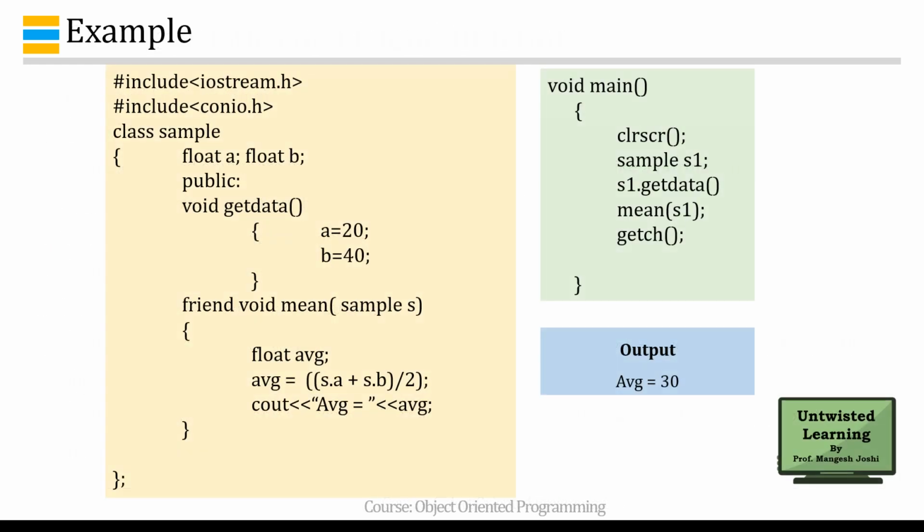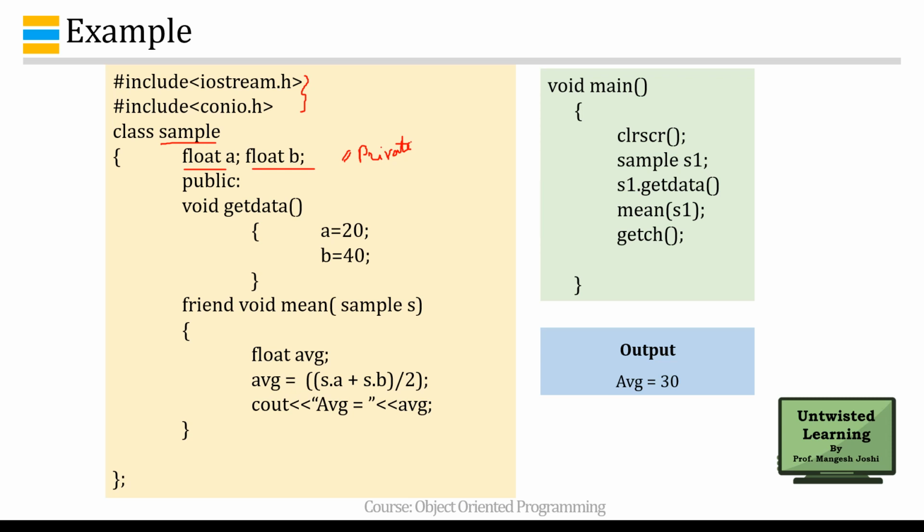So let us see one example of a friend function. We have included the required header files. The class Sample is created, in which two variables, float a and float b, are made private. By default they are private, that's why it is not written.